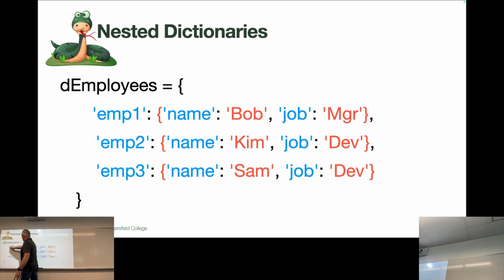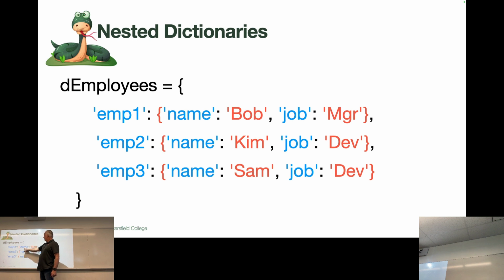This is a key, colon, value, comma, next item, next key, next value, third key, third value. What you'll notice is the values are another dictionary.